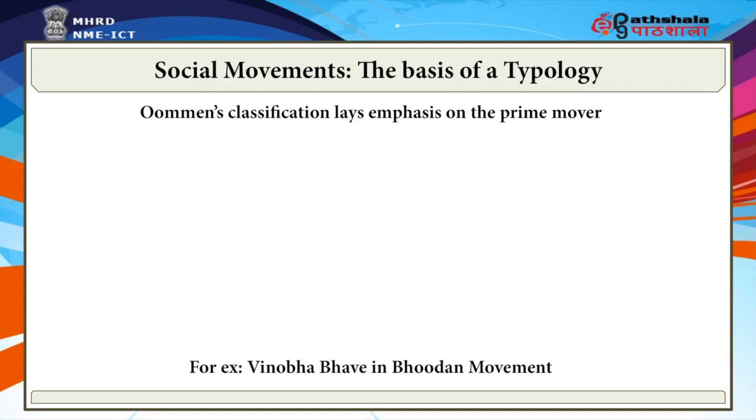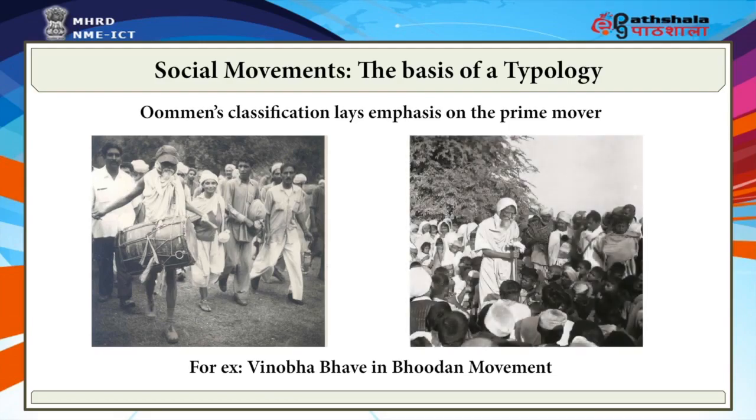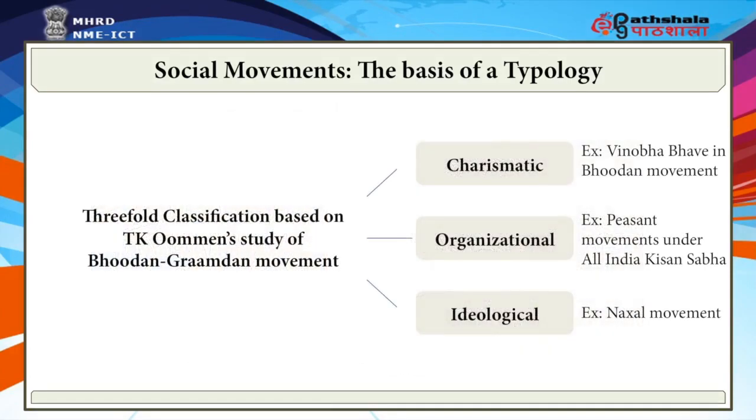For example, given the charismatic role of Vinoba, the Bhoodan could well be regarded as a charismatic movement. The Naxal movement, on the other hand, will be an example of an ideological movement, and peasant movements launched under the All India Kisan Sabha would be a case of organizational movement.